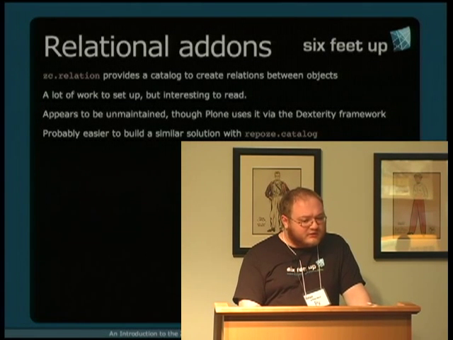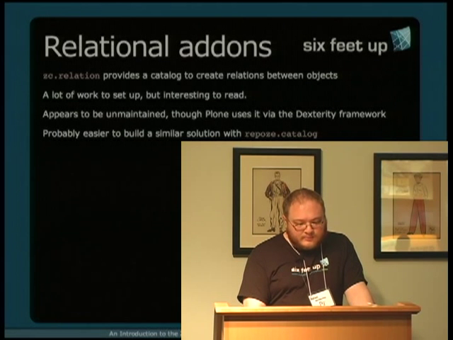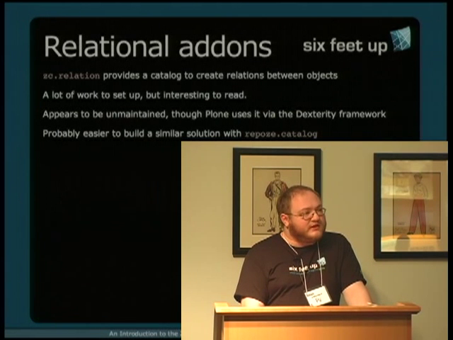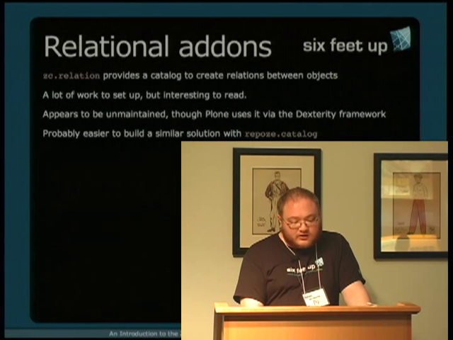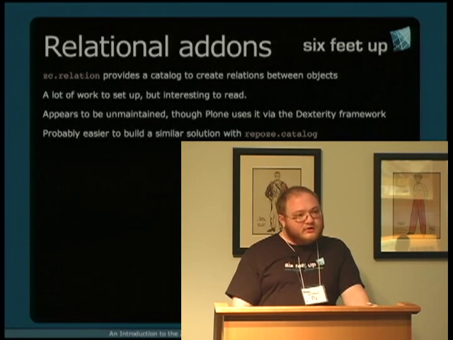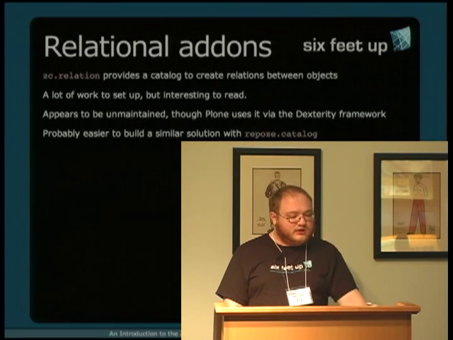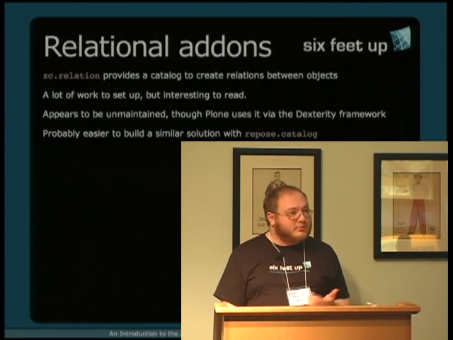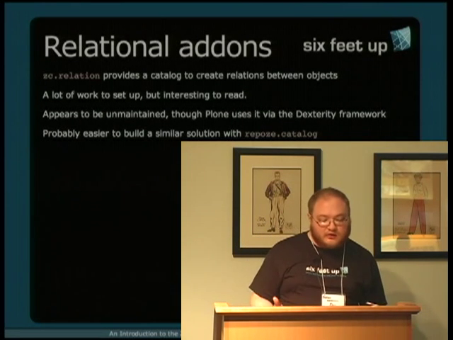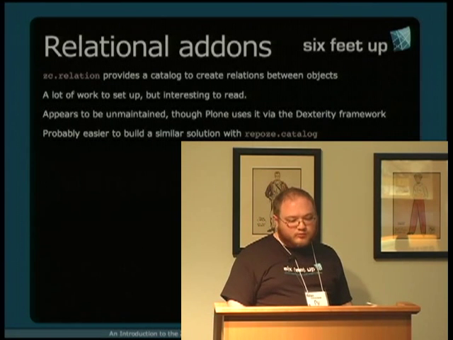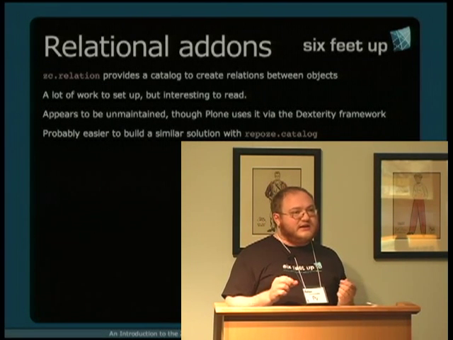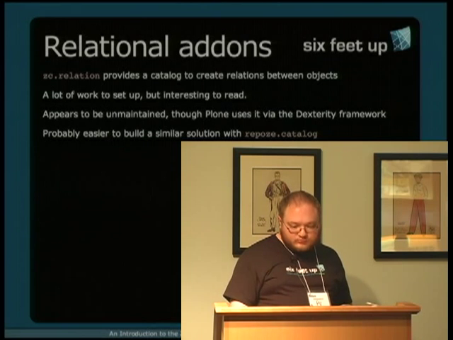The last change I saw was from 2008. But Plone is using it if you use the Dexterity framework. And if you're really looking for just basic relational stuff, it may just be easier to build a relational index using repoze.catalog rather than relying on zc.relation, where you just have two IDs in the table.